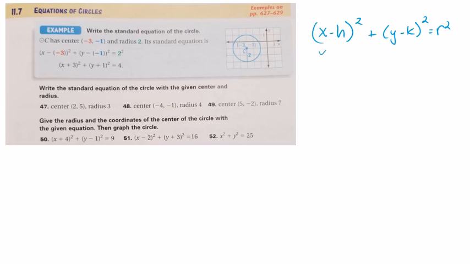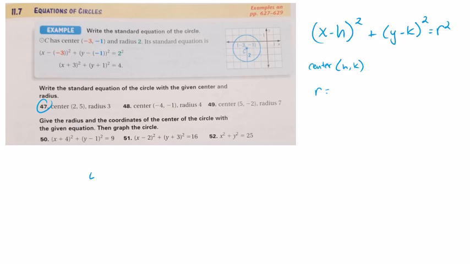And I told you guys that on the inside, if it reads negative, that means your h and your k, that's your center, are actually positive. And you'll be looking for your radius as well. So let's do 47.